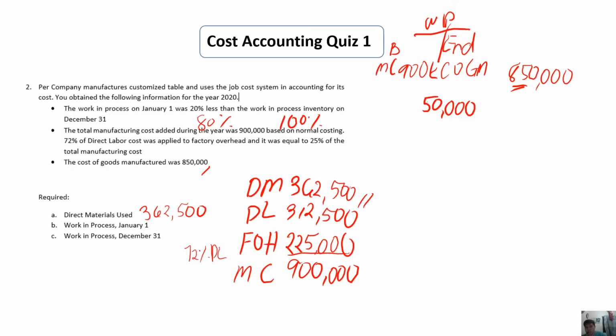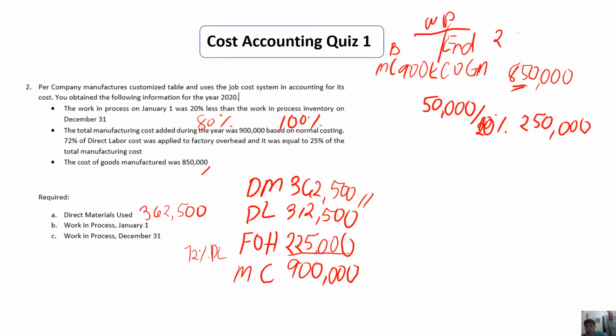Para makuha mo yung 100%, gagawin mo lang 50,000 pesos divided by 20%, which is the difference between the ending inventory and the beginning inventory. So 50,000 divided by 20%, ang lalabas na result dyan will be 250,000 pesos. Yung 250,000 pesos, this represents the ending inventory.